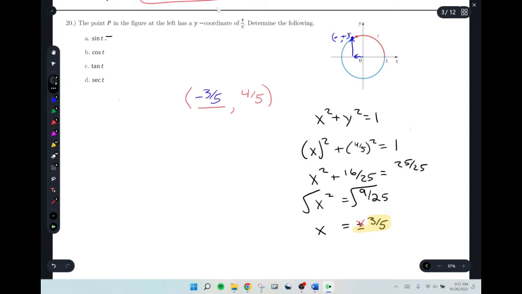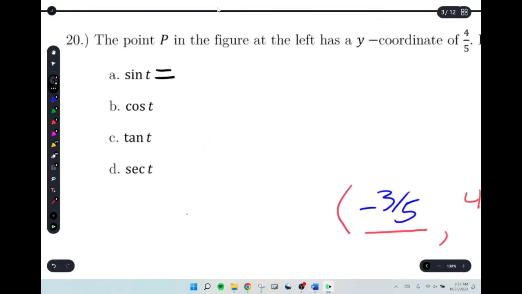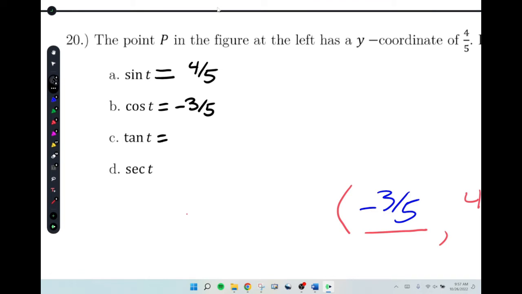Now our job is to find the sine of t. Well, what does sine mean? y, right? Sine, y, they sound the same. Sine of t equals 4/5. Cosine of t equals negative 3 over 5. Tangent of t. What is tangent again?